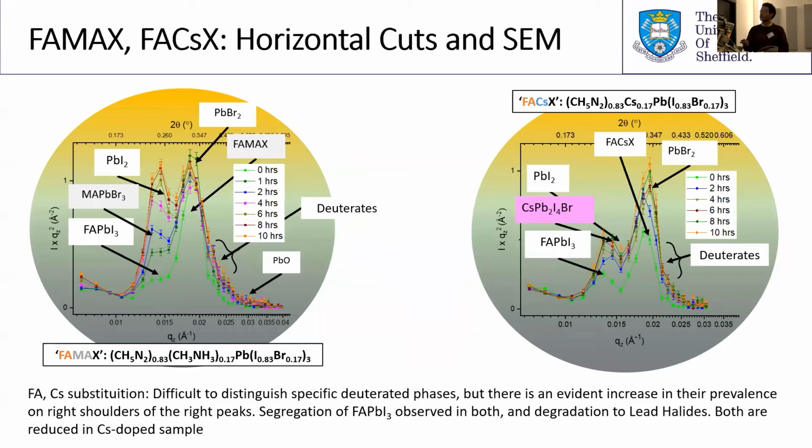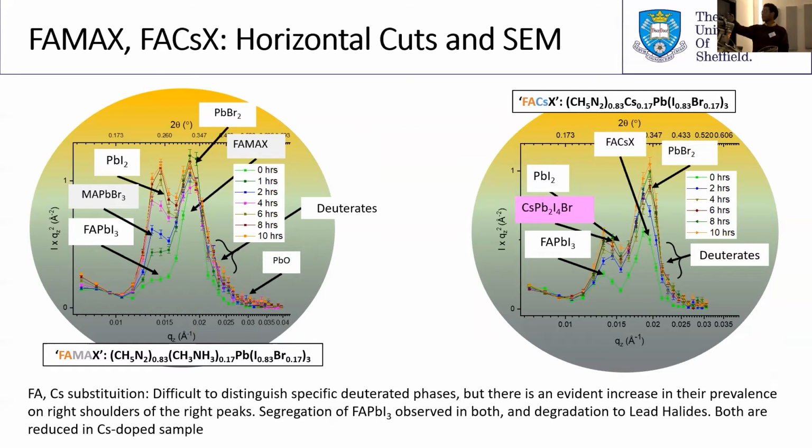If you look at the alloy samples instead, this is massively reduced in the sample where we remove the methylammonium component and instead just use formamidinium and cesium. There is some deuteration in these, but it's not as obvious as in the MAPI samples, and relates to the small shoulders on the peaks on the right.